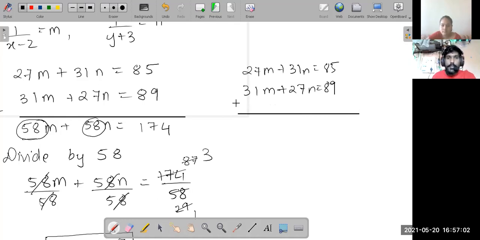So now here you have to subtract. So when you subtract, what do we do? Change the sign throughout. Do you remember? 27 minus 31, how much is it? 4m.